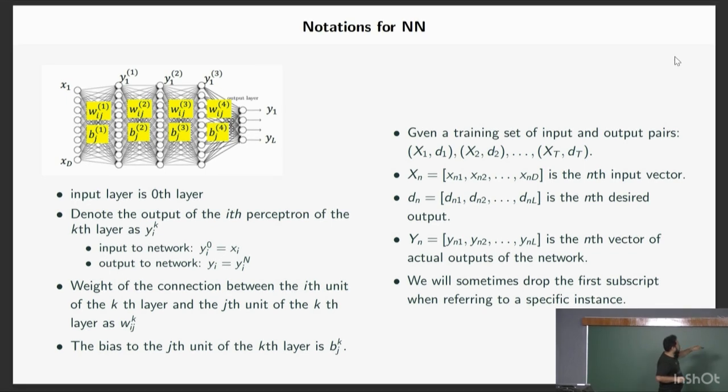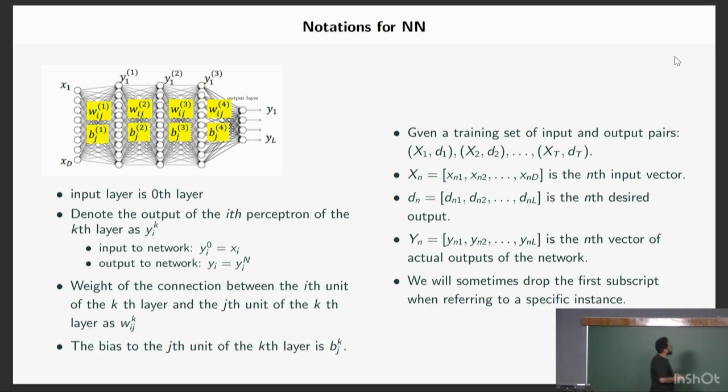Let us say all the weights between the input and the first hidden layer are W superscript 1. The W superscript 1, subscript ij, denotes the edge from i to j. So let us say this is i and this is j, so this is your weight Wij. These weights are before the first hidden layer, these weights are before the second hidden layer, these weights are before the third hidden layer, W superscript 3, and so on.